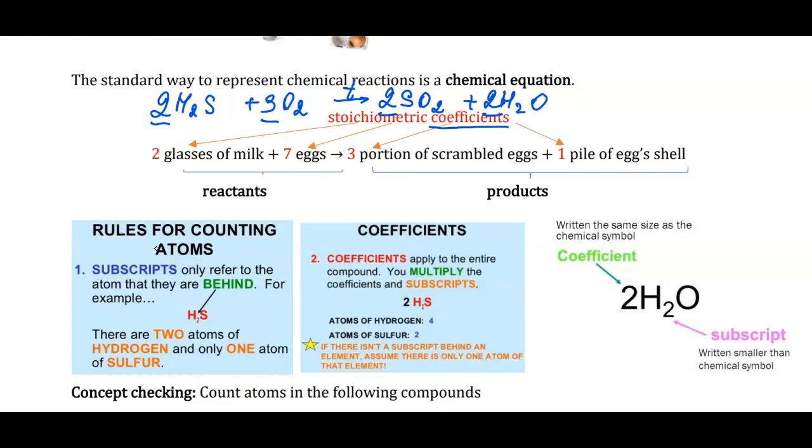They show us how many particles of the compound we have here. So 2H2S is the same as H2S one time and H2S the second time, right?